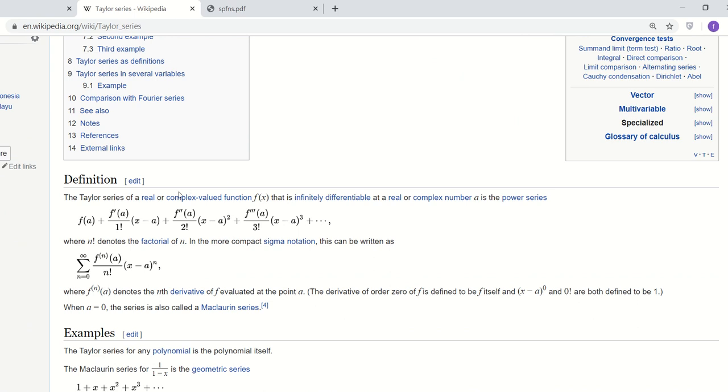For example, a function can be represented at a certain point a by this function, and if it goes to infinity, then it will be more and more accurate, and eventually that representation is equivalent to f of x.